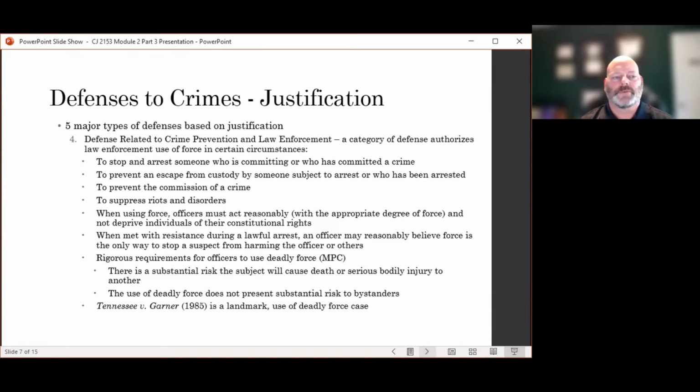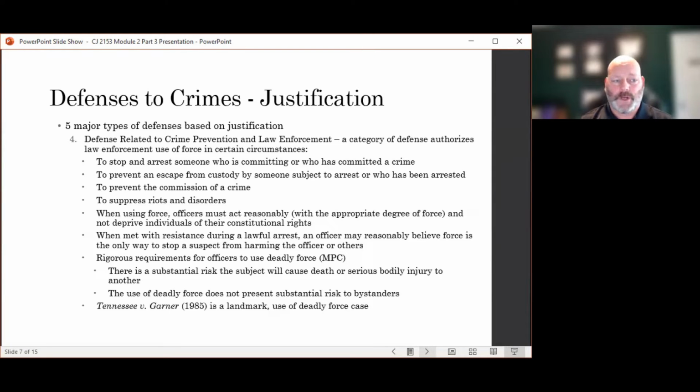But when using force, officers must act reasonably with the appropriate degree of force and not deprive an individual of their constitutional rights. When met with any type of resistance during a lawful arrest, an officer may reasonably believe force is the only way to stop a suspect from harming the officer or others.